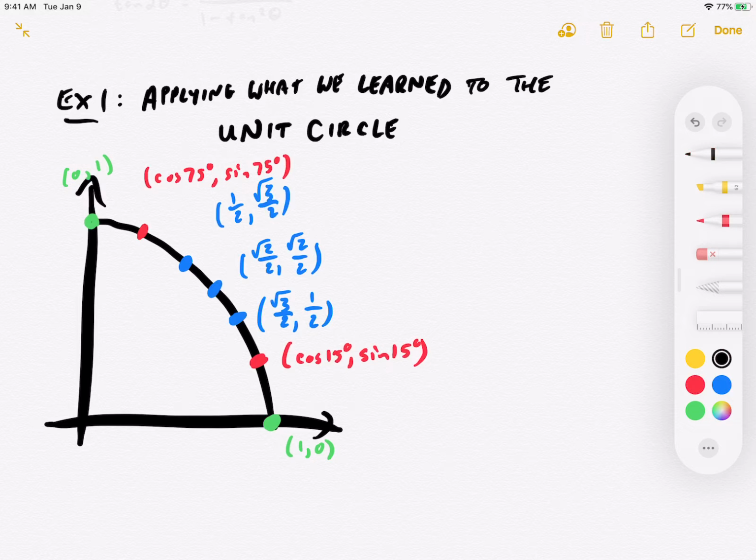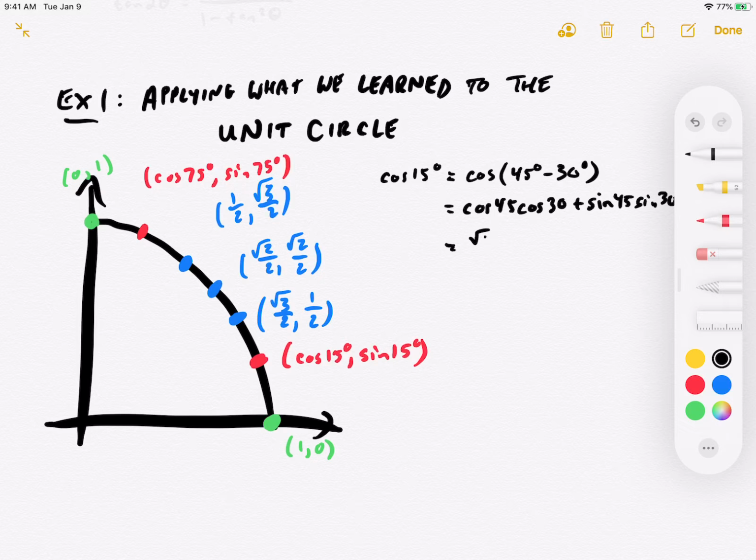Just as a quick example of how that might work, if you wanted to know what cosine of 15 degrees was exactly, you could think of it as cosine of 45 degrees minus 30 degrees. That's a difference of two known angles, and we can then use the cosine difference identity: cosine of the first times cosine of the second, plus sine of the first times sine of the second.